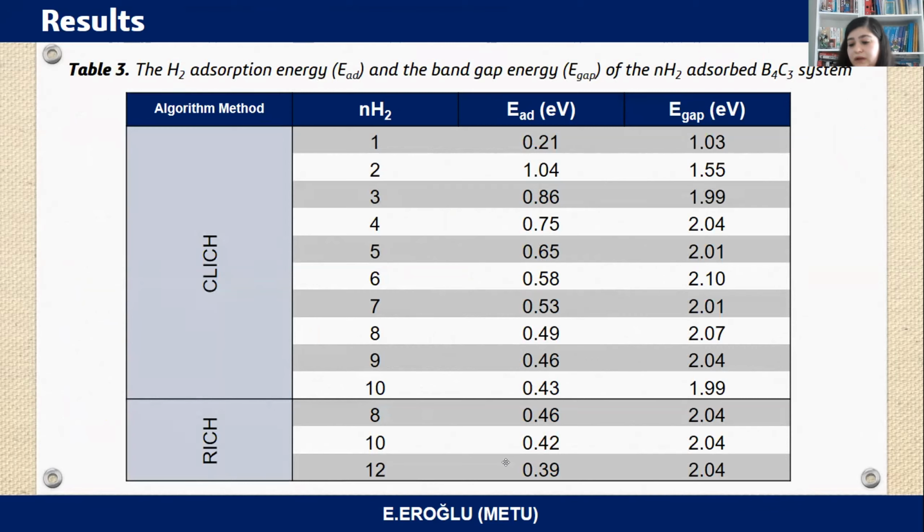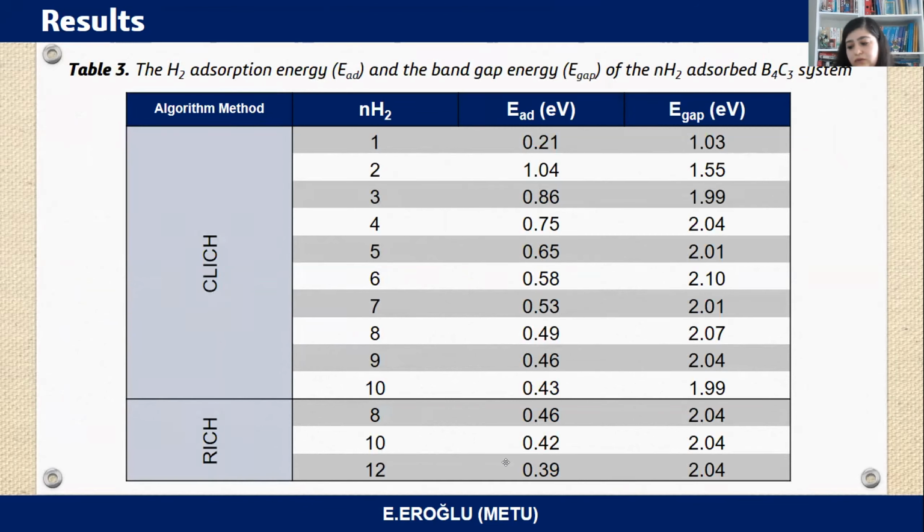in table 3. As you see in table 3, the absorption energies are in the range of 0.2 to 0.6 electron volts. By increasing the number of hydrogen molecules, the absorption energy generally decreases, because some of the hydrogen molecules are located at the surface of the sheet instead of at the calcium metal.